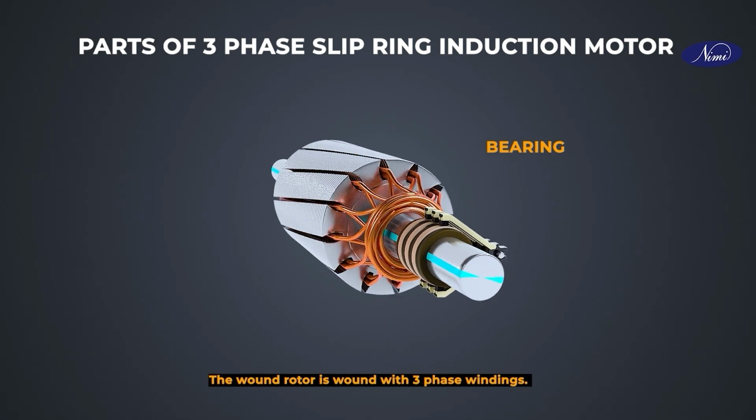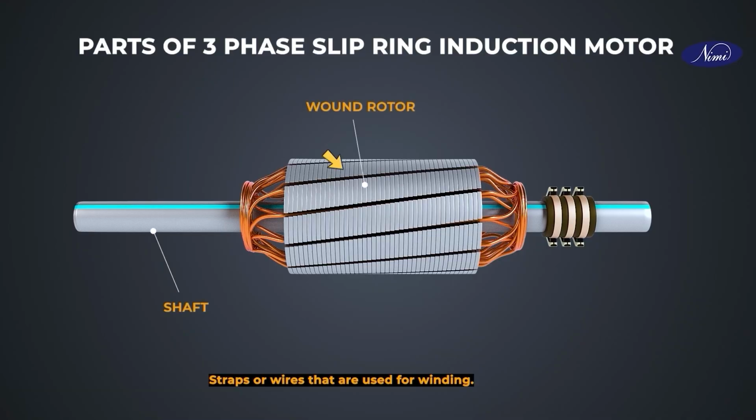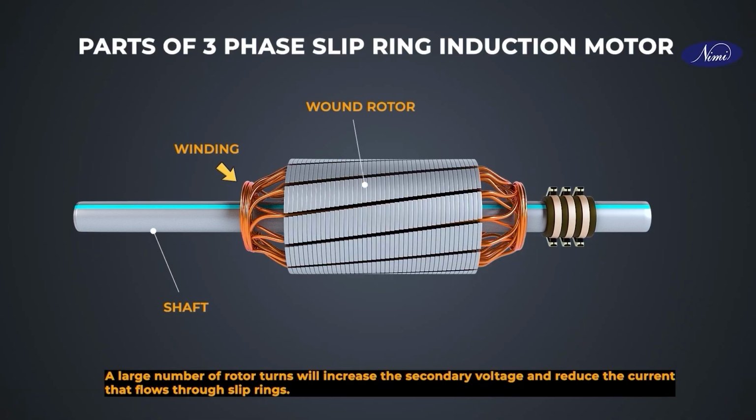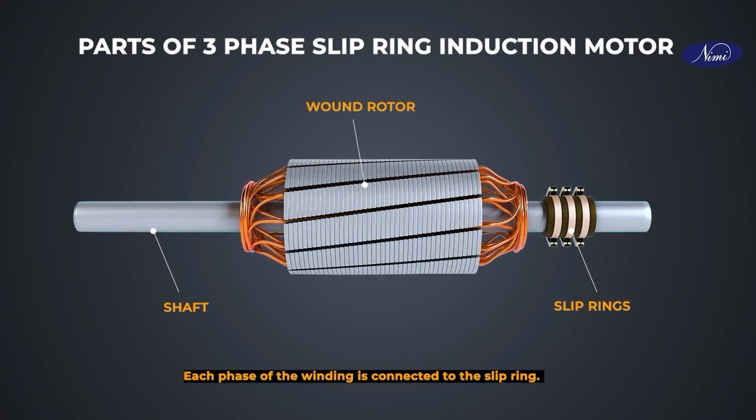The wound rotor is wound with three-phase windings, straps or wires that are used for winding. A large number of rotor turns will increase the secondary voltage and reduce the current that flows through slip rings. Each phase of the winding is connected with the slip ring.